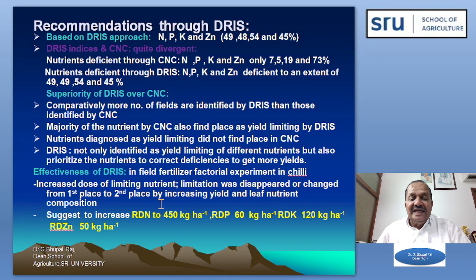We could identify nitrogen as most deficient, and the recommended dose of nitrogen for the chili crop is not sufficient, so we can increase it still 50% more to get higher yield in this zone.